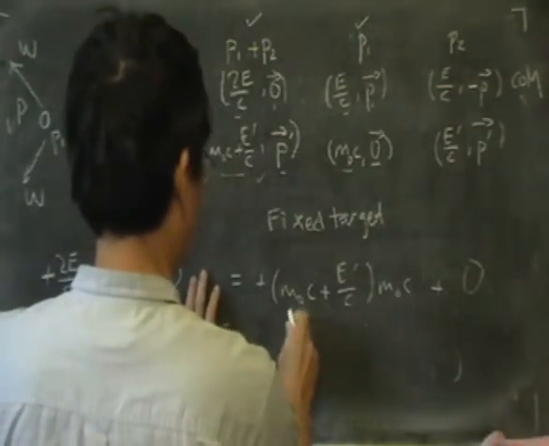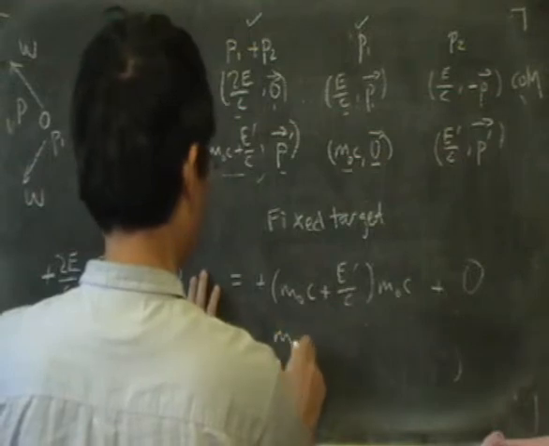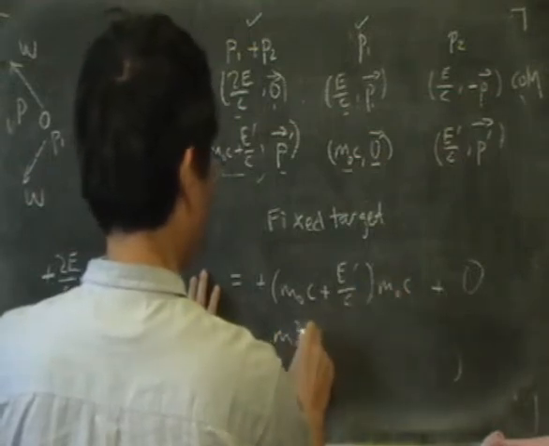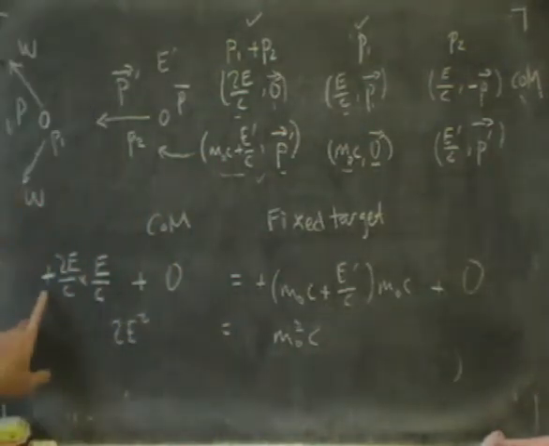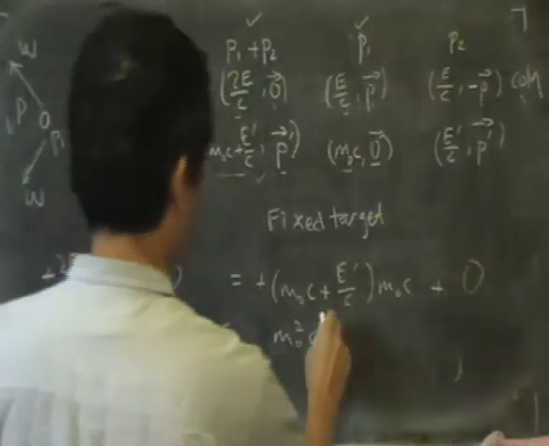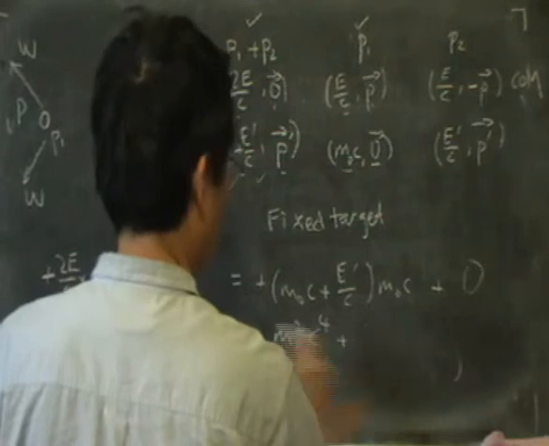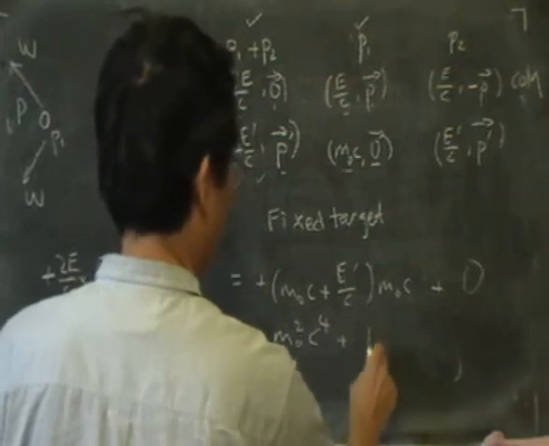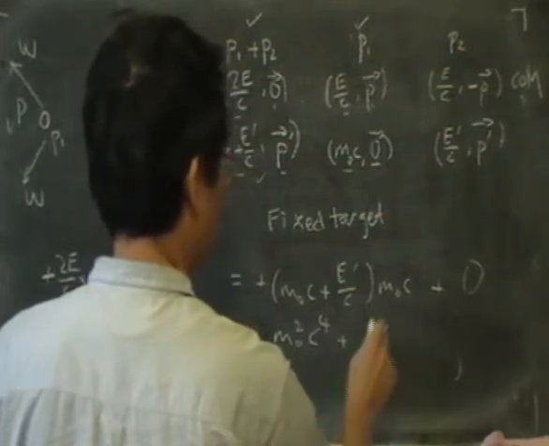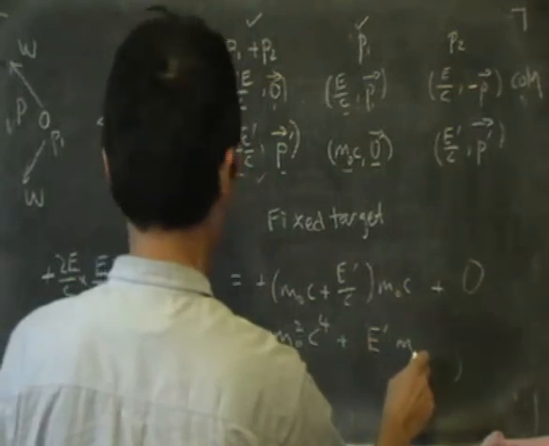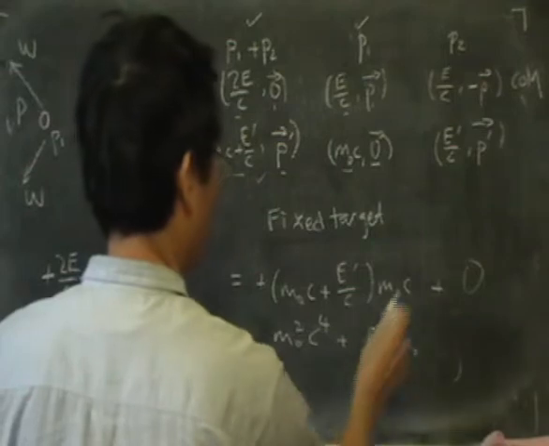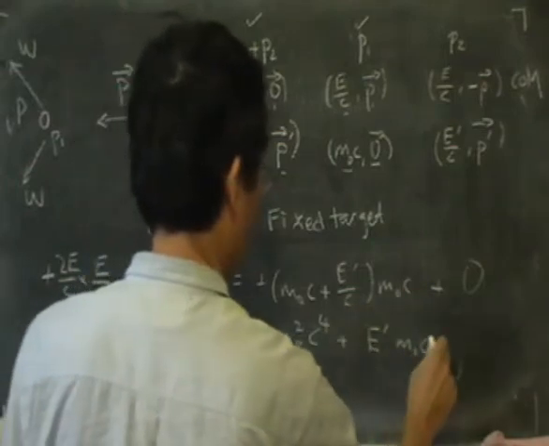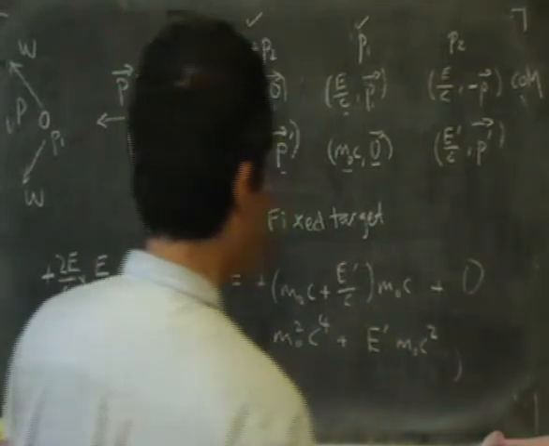This would be m naught squared times c squared. I'm going to multiply both sides by c squared, so this becomes c to the fourth, plus I have e prime there, I have m naught there, c and c cancel, but I gain an extra c squared there.